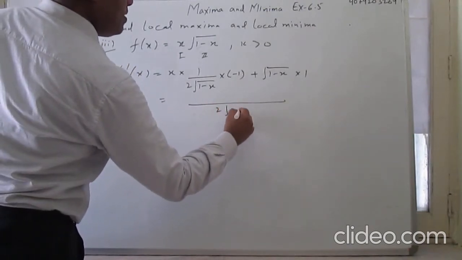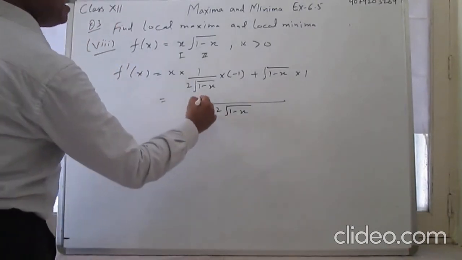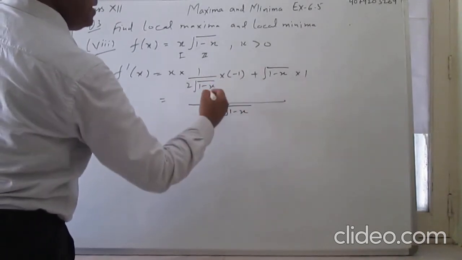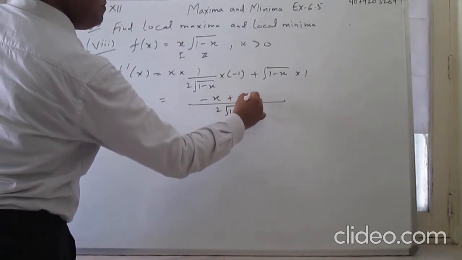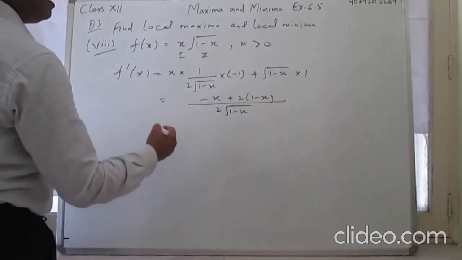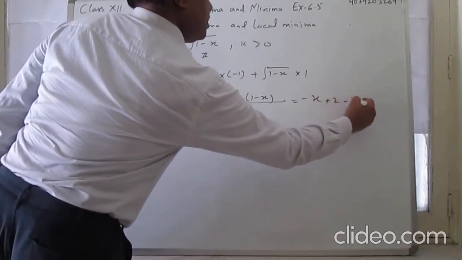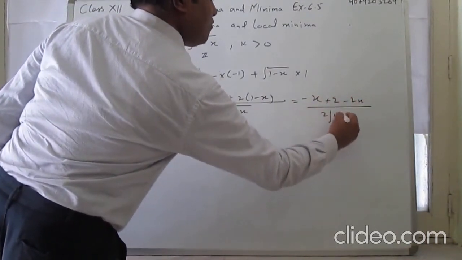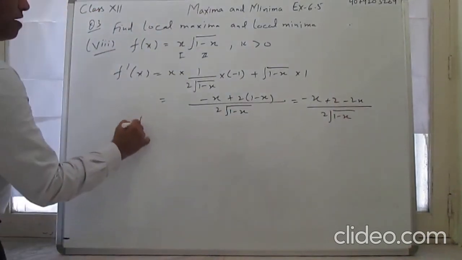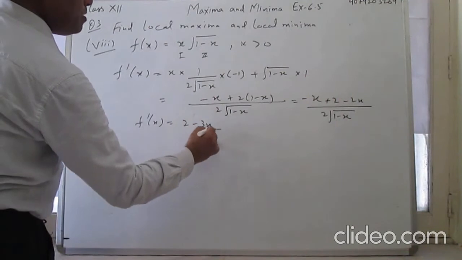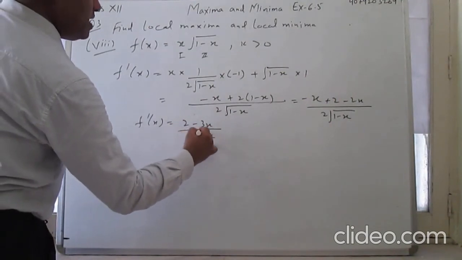So it is minus x, and multiplying by 2 gives plus 2 into 1 minus x. So it becomes minus x plus 2 minus 2x upon 2 under root 1 minus x. So f dash x is equal to 2 minus 3x upon 2 under root 1 minus x.